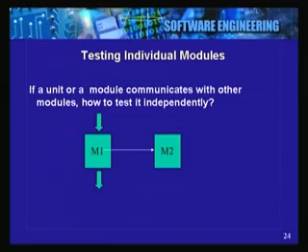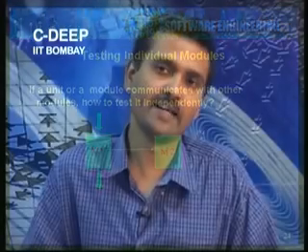If M2 is ready, this becomes an integration test. That means you are going to test M1 by integrating M2 with it, probably by linking M2. It could be a library module, you can link M2 with M1, the actual implementation of M2, and then M1 can actually call M2 if it is ready.